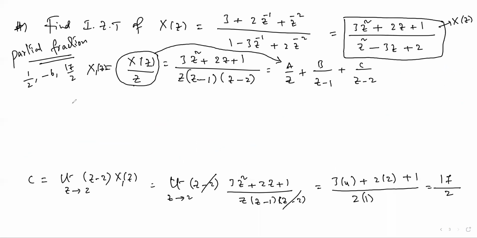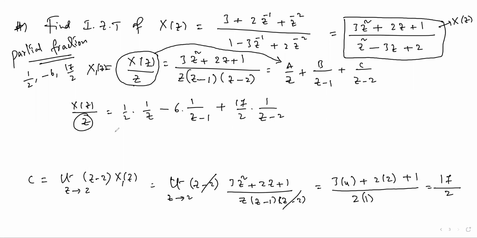So X of z by z, what I get means 1 by 2 into 1 by z, B value minus 6, so minus 6 into 1 by z minus 1 plus 17 by 2 into 1 by z minus 2. Now this z we have to take to the right hand side.